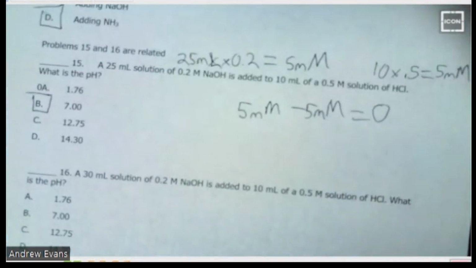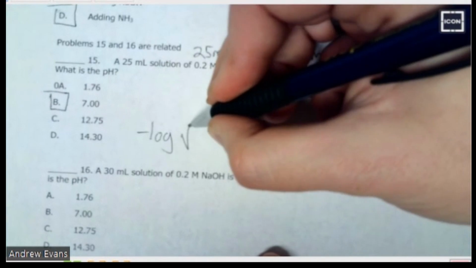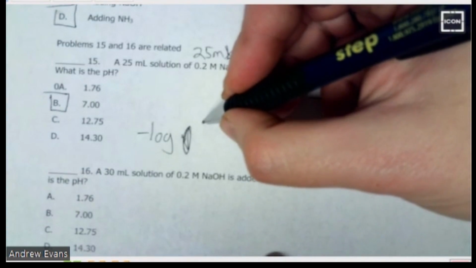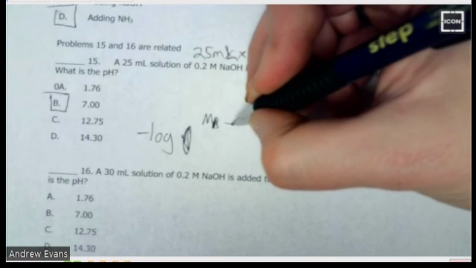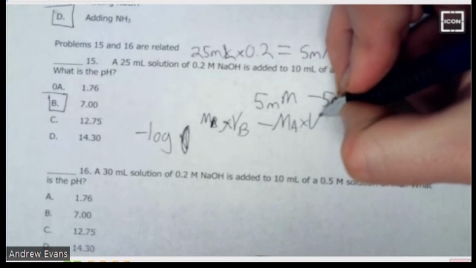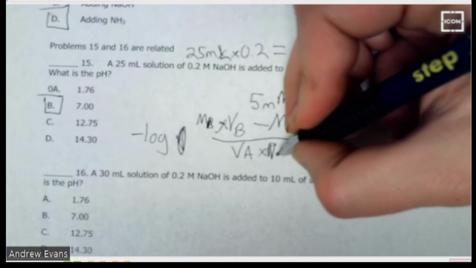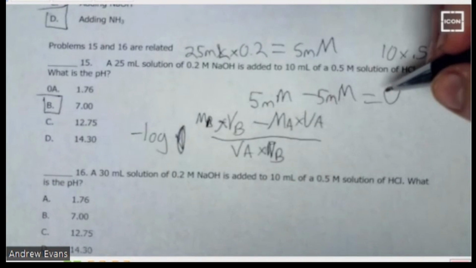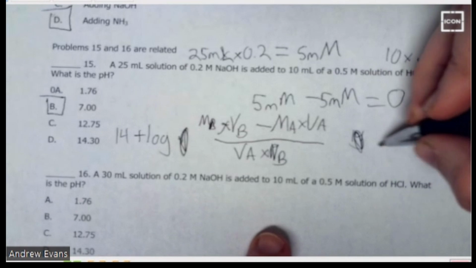You get neutral. It's neutralized. The big equation I gave you for this was either negative log of the molarity base times volume base minus molarity acid times volume acid over VA plus VB, or I gave you a version that's 14 plus that.